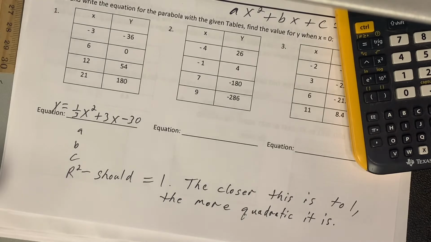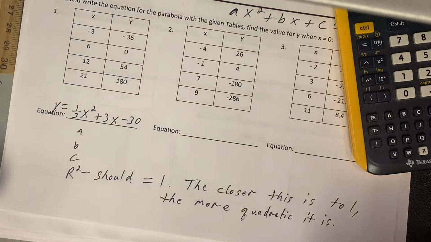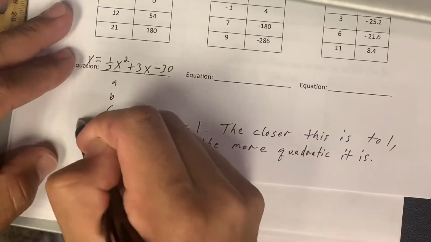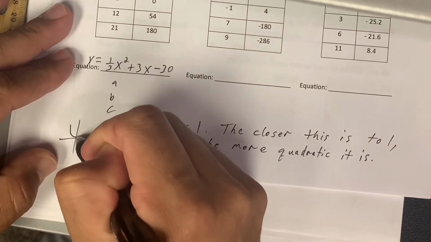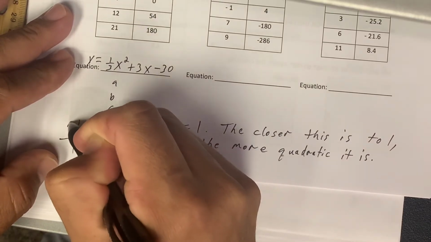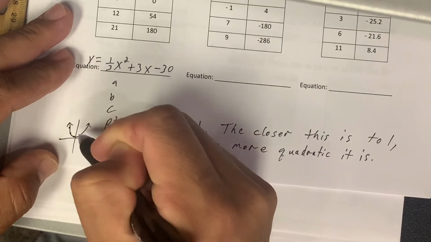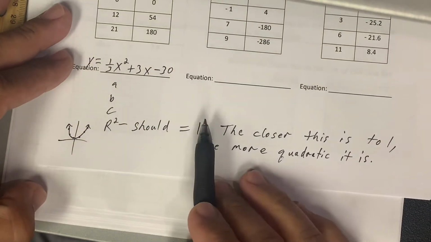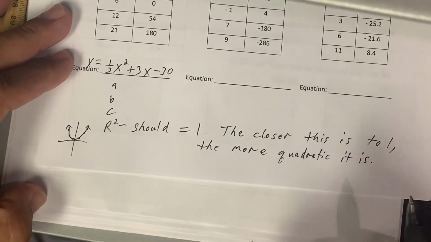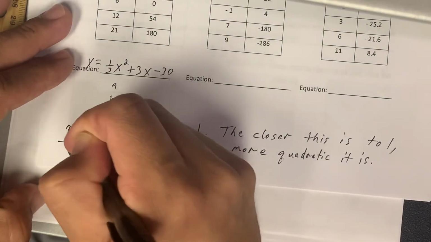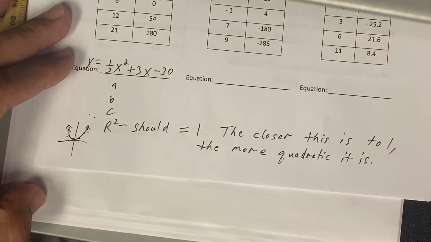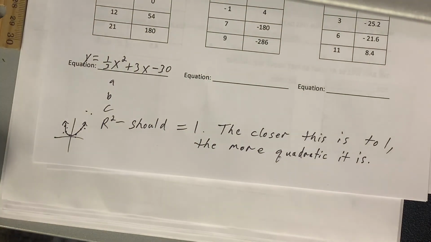Okay, so every point doesn't land perfectly in line, right? So just to talk about that real quick, like if r squared is 1, you would have a quadratic that looks exactly like this, and every point is on that quadratic, right? If it's not equal to 1, let's say it's 0.99999, then some of these points might just be a little bit off, but they would still kind of be a quadratic. They'd just be a little bit off. All right.